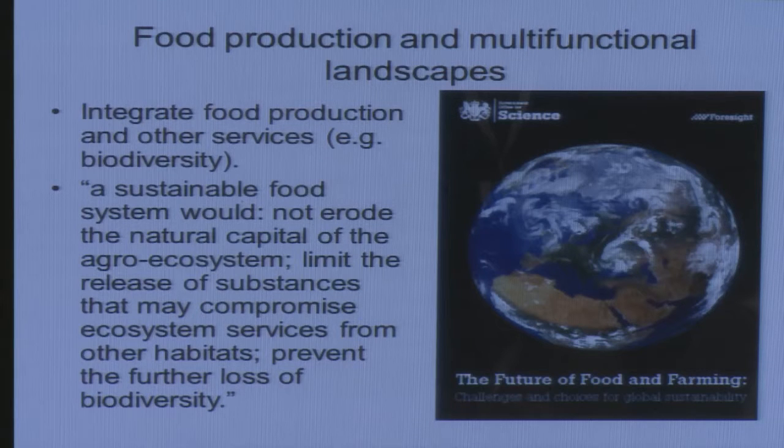And that can make them a bit risk averse. He argued that actually they should be made responsible for all the decisions they make, the consequences of all the decisions they make. For example, it might be desirable to enhance biodiversity in agricultural landscapes by reducing the intensity of agriculture.